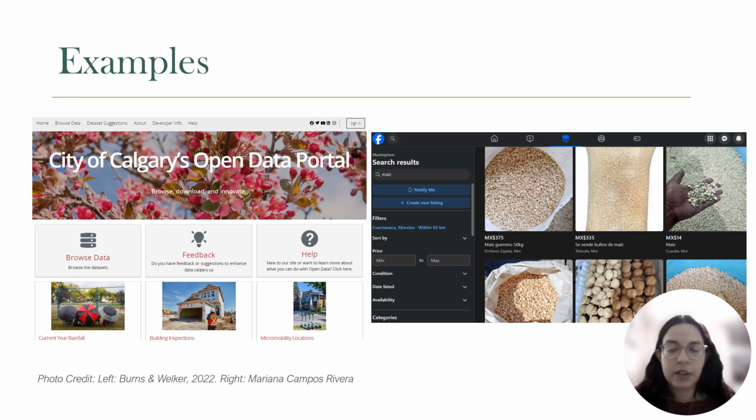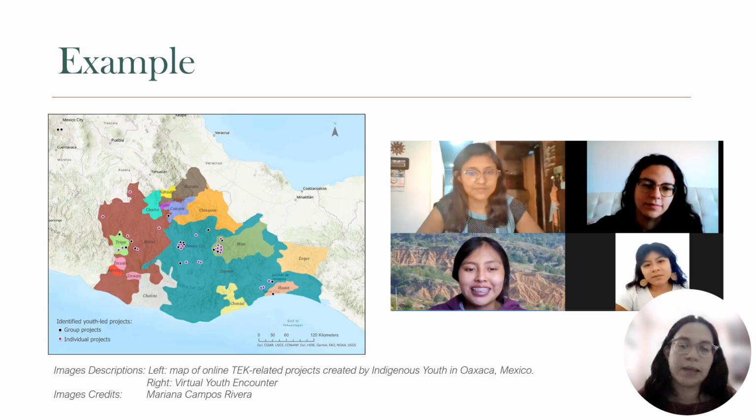And this other image is of an idea a colleague had about exploring how marketplace is used by local producers to sell agricultural products like corn.